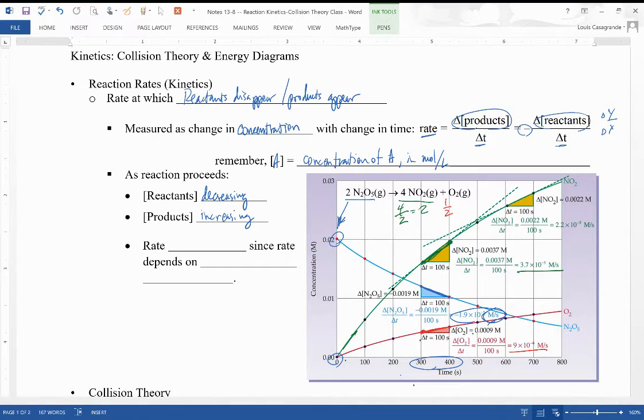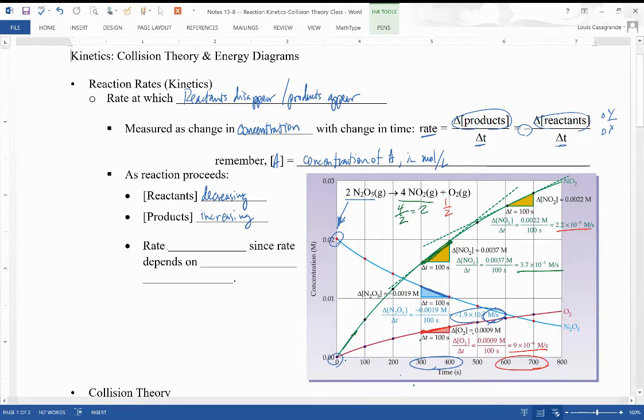Now, in addition to the stoichiometry there, we also notice that as the reaction goes on, the slopes are getting smaller. Notice that when we come out to 600 to 700 seconds, the slope now comes down to 2.2 times 10 to the minus 5 molar per second for the NO2. So we're getting a decrease in the rate of the reaction.